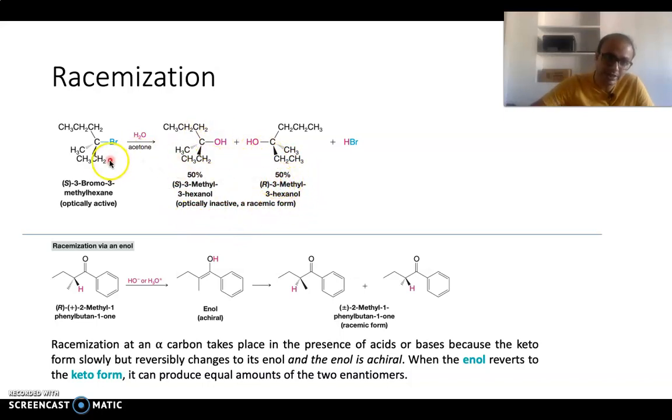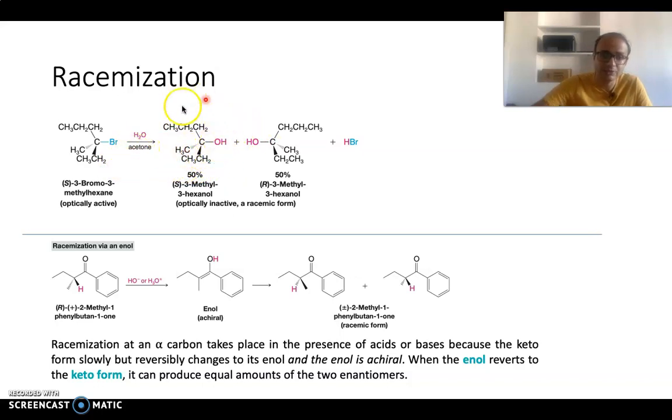In such a reaction the reactant itself is optically active, but the pathway goes through an achiral intermediate, therefore it leads to equal amounts of both enantiomers, and this particular reaction is a racemization reaction.